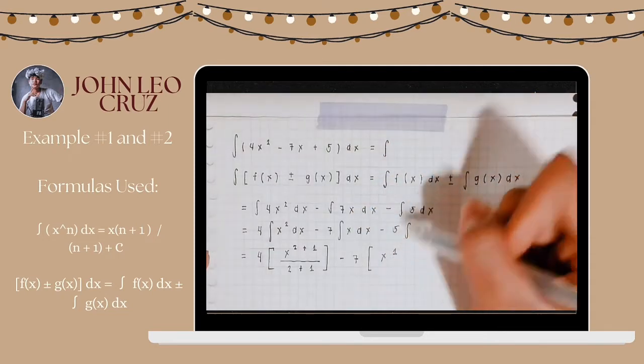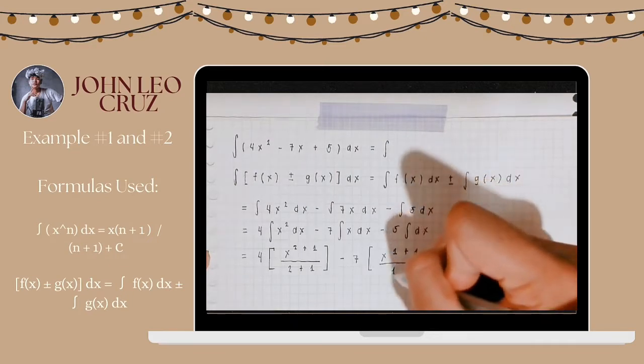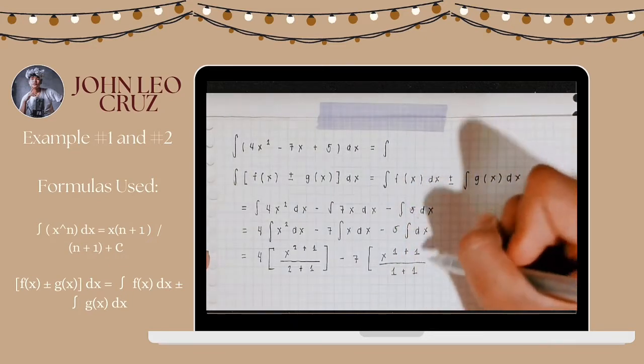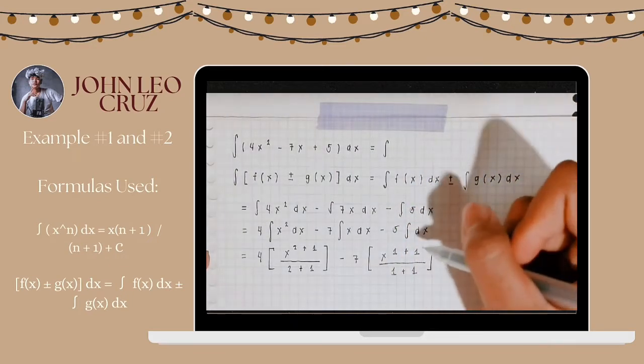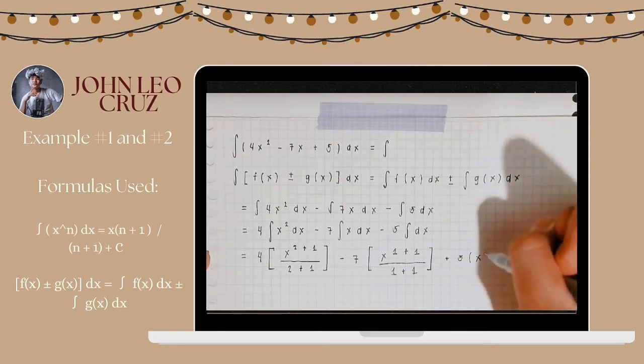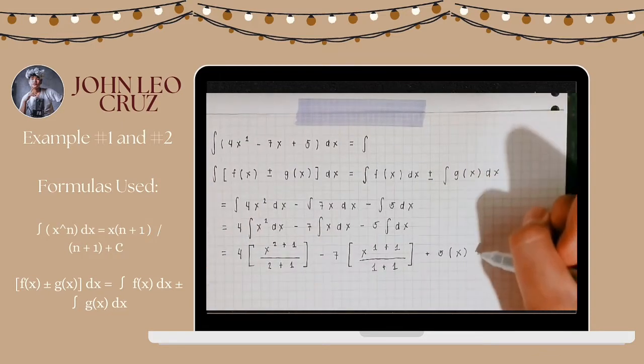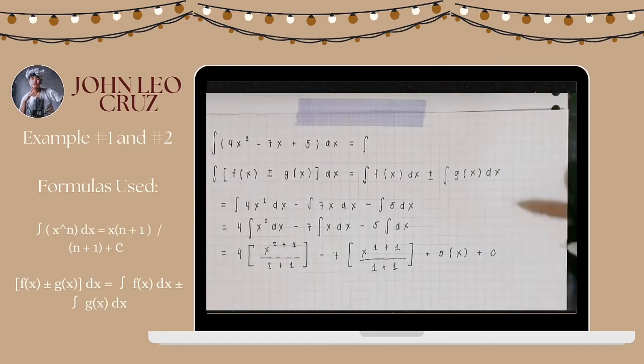So x raised to 1 plus 1 over 1 plus 1, plus 5, and simply x. Again, we cannot forget the constant plus c.